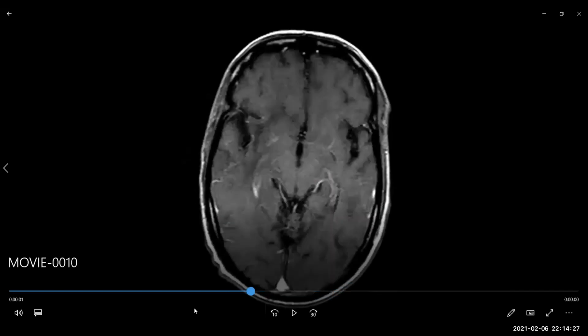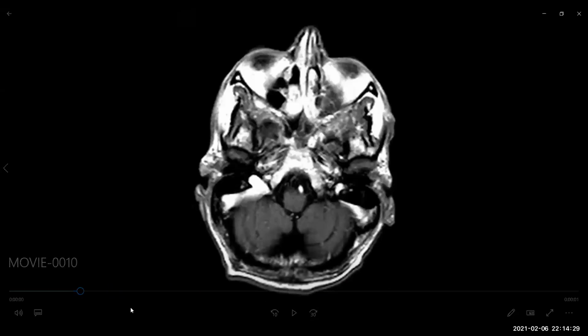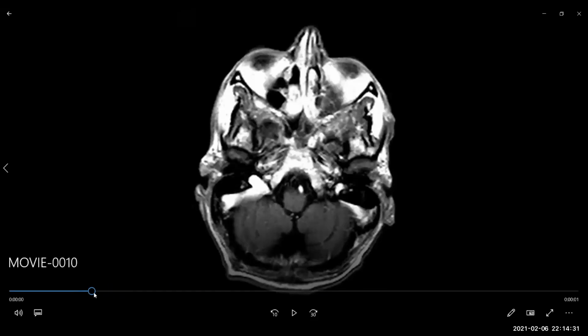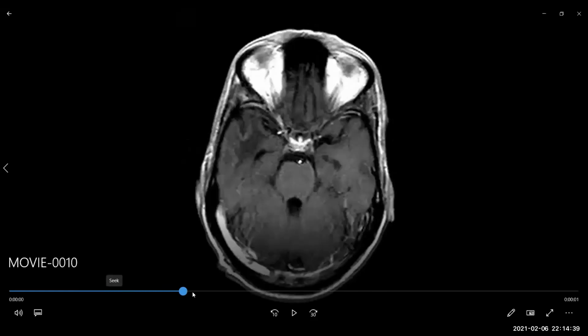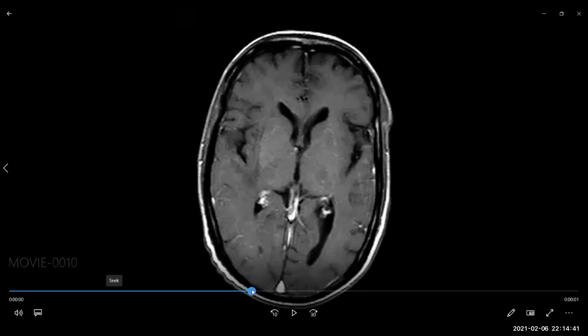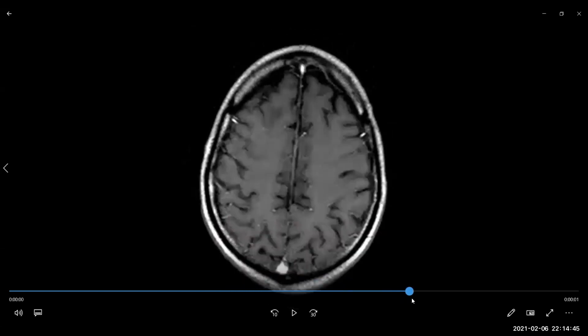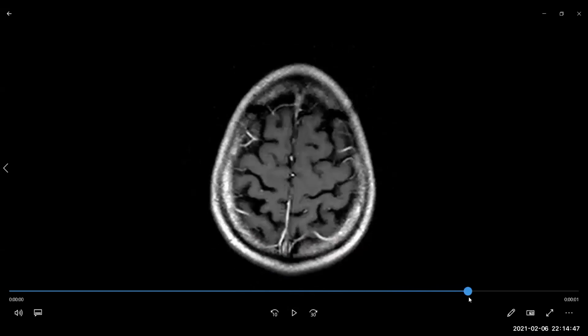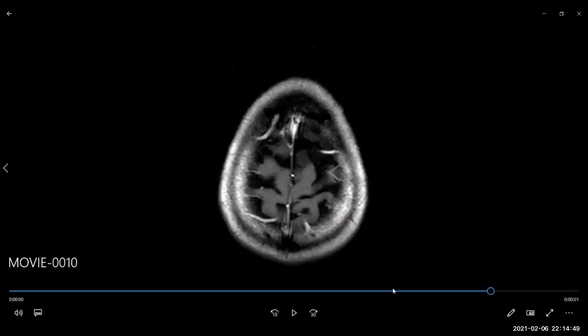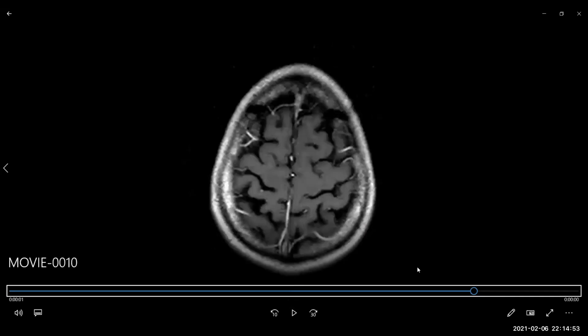So this is the T1 contrast images. You can scroll it yourself. I've been given the T1 contrast images.